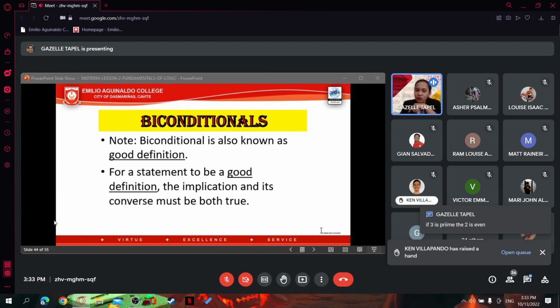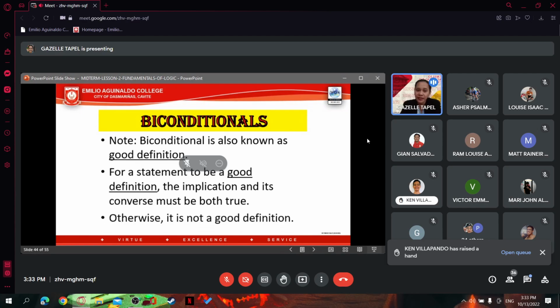Now, determine the truth value of the converse. If 3 is prime, then 2 is even. Is that true? Yes, true. So if the conditional statement or the implication is true and its converse is true, therefore yung biconditional daw, yung mismong statement lang yun ay considered as good definition. Okay. Otherwise, it is not a good definition.